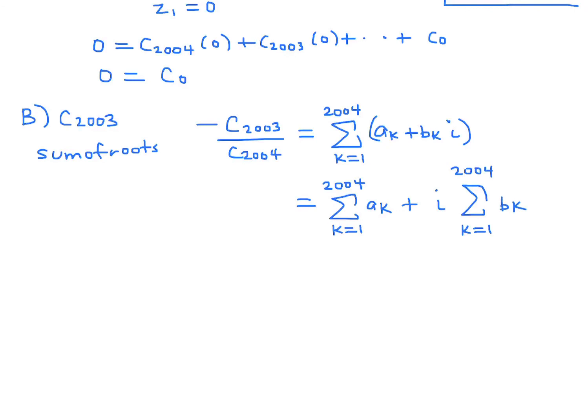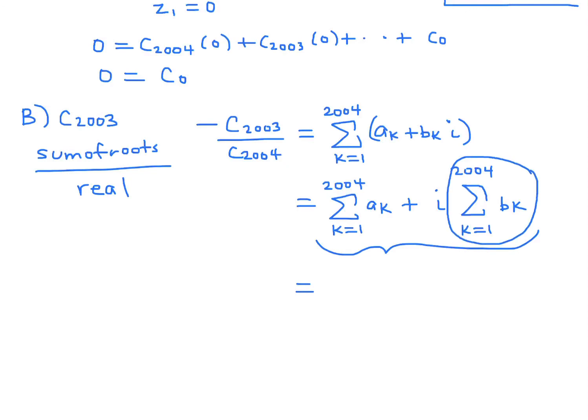Now, the sum of the roots is a real number, okay? It's real. So that means this whole thing has to be real. So the only way that can be real is if this is 0. If that's 0, then it will multiply by i, and that will also become 0, and therefore we'll just get a real number.